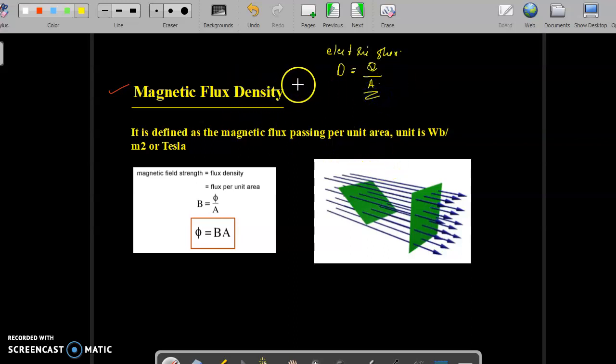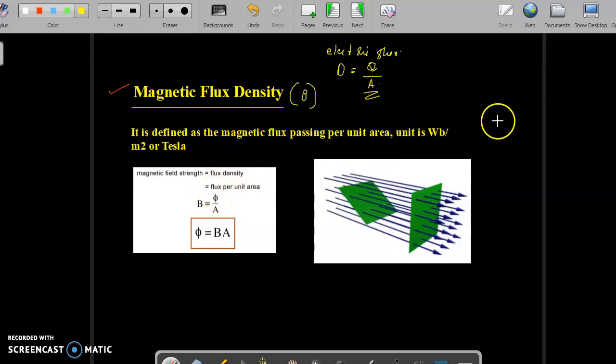The magnetic flux density is B, analogous to electric flux density. It is defined as the magnetic flux passing through unit area.